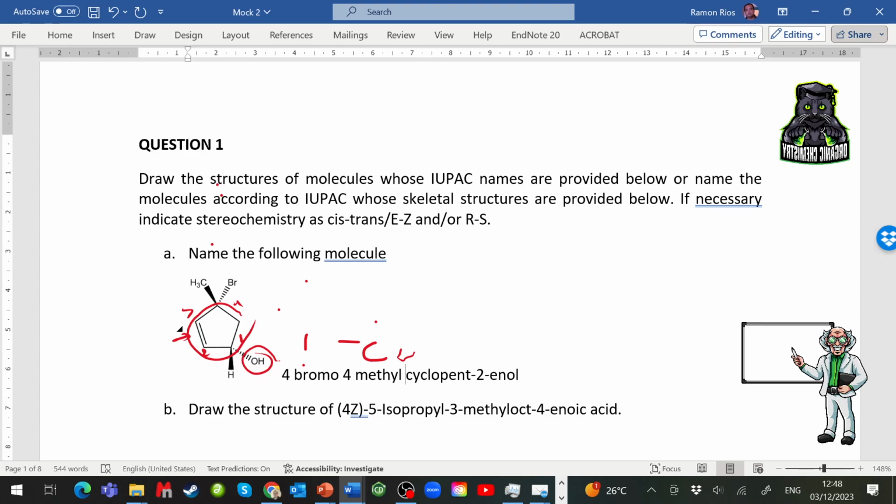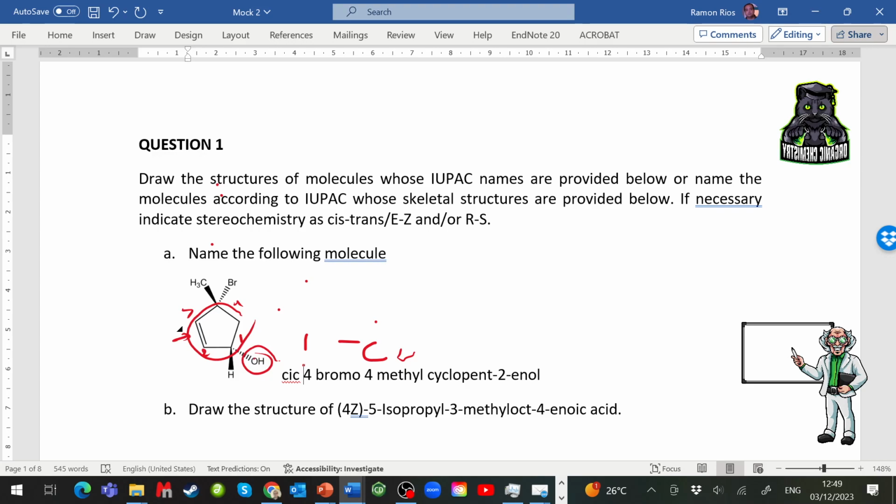Now we go for the stereochemical information. If we have cis/trans, clearly the OH is going down and the bromine is going down. That means it will be cis.